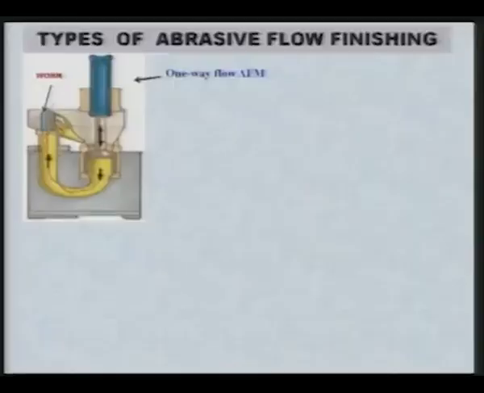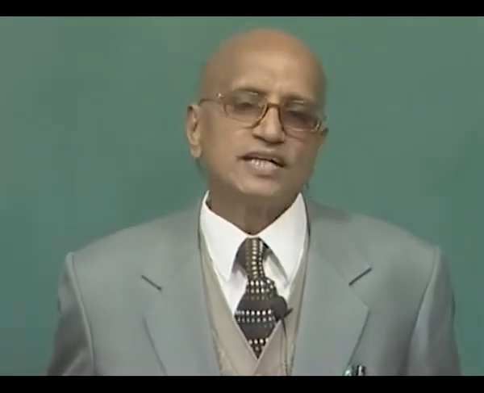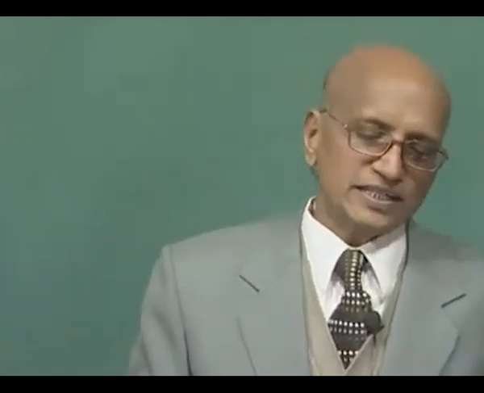When this medium passes through these fine cavities, the abrasive particles come in contact with the peaks of these cavities, and as we discussed earlier in the working principle of abrasive flow finishing, normal force acts there, and axial or cutting force also acts there. Due to the penetration and cutting force, it keeps shearing off the peaks of the workpiece surface and you get a better surface roughness value.